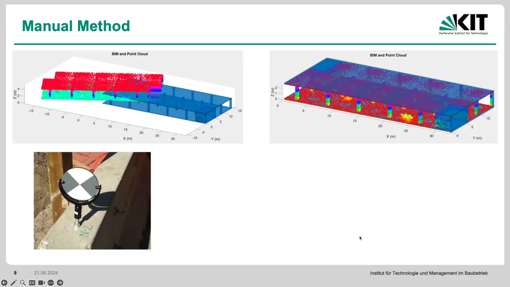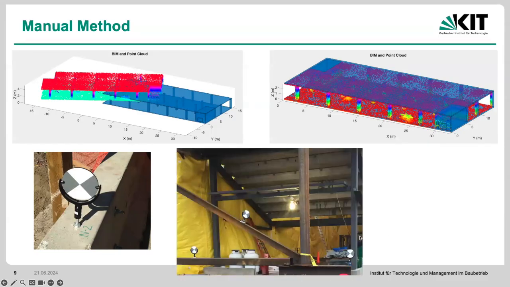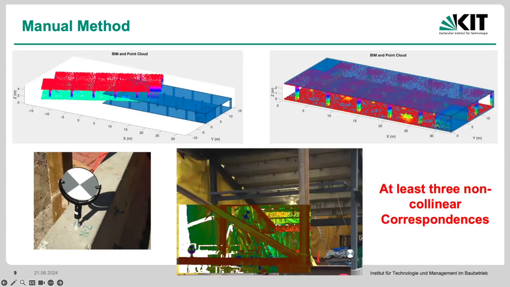So you have some targets. Using these targets, as long as 3 of them are non-collinear, you would be able to register the 2 models together. So the prerequisite of this is that I need to know the center of at least 3 of these in my scan, and I need to know the exact center of these in the model as well.